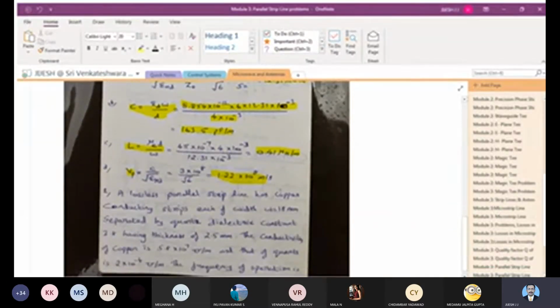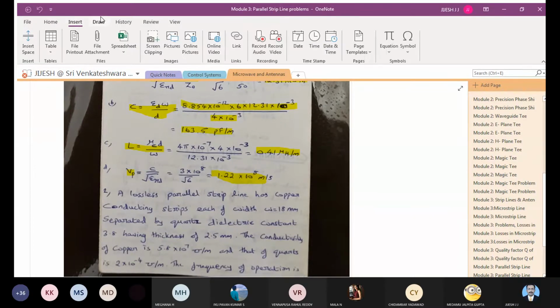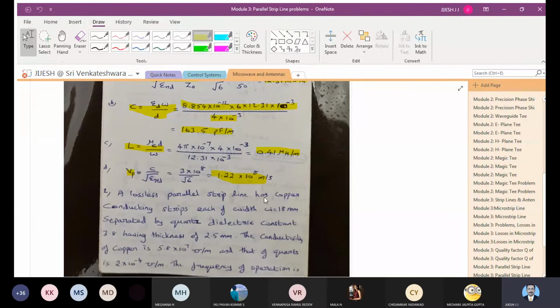You can just note down the second problem here. A lossless parallel strip line has copper conducting strips, each of width W, that is 18 mm, separated by a quartz dielectric.